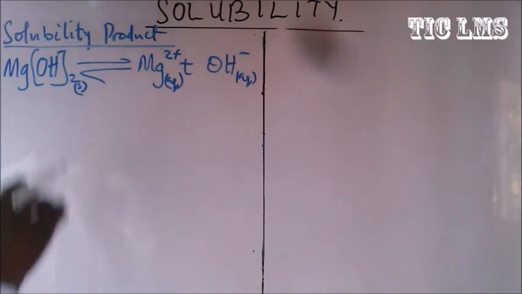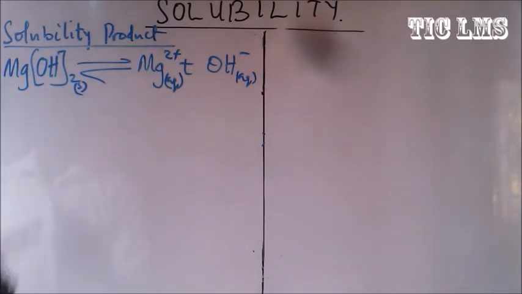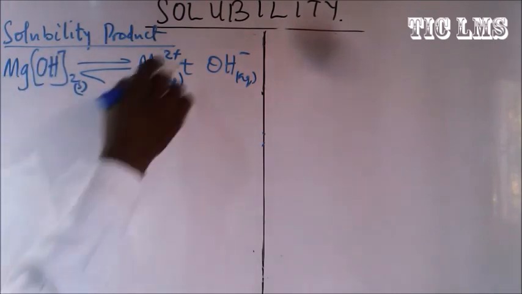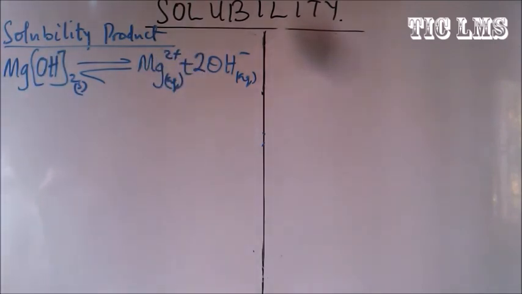Now from here, this equation is not balanced. We have 2 atoms of hydroxyl here, so we place 2 over here to have it balanced. Now what we are after here, we are given the solubility product constant, but we have to find the solubility of magnesium hydroxide itself in water.